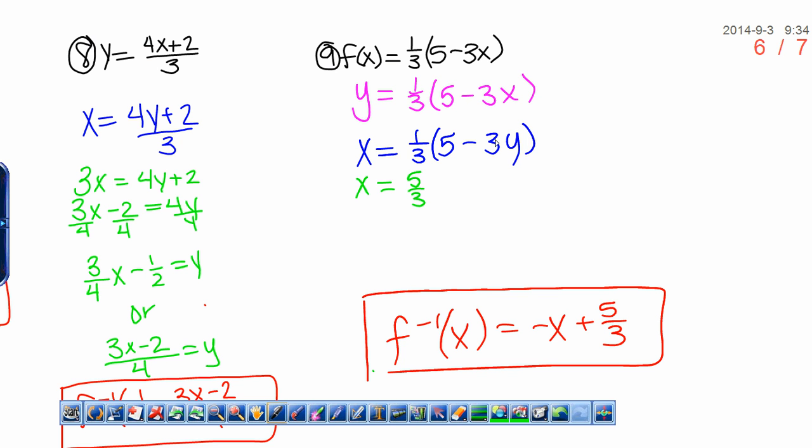And 1/3 times negative 3y would just be negative y. Solving for y, so I would then subtract 5/3 from both sides. So I would get x minus 5/3 equals negative y. And I have to multiply everything by negative 1. So negative x plus 5/3 equals positive y. And you got the same answer. Okay, so those are inverses.